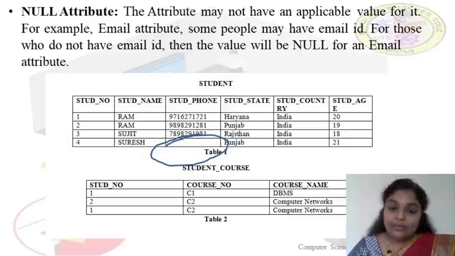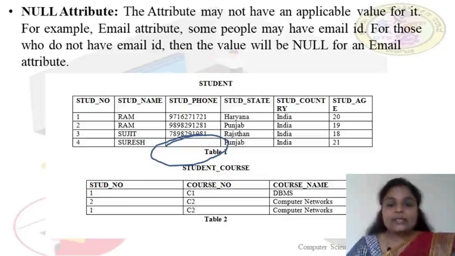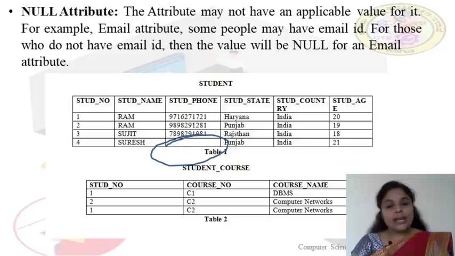I'm saying field, not the entire row. The entire row has student number 4, the name Suresh, he is from Punjab, the country is India, and his age is 21. All this is fine. Because he doesn't have a phone, can I leave that student phone attribute empty?